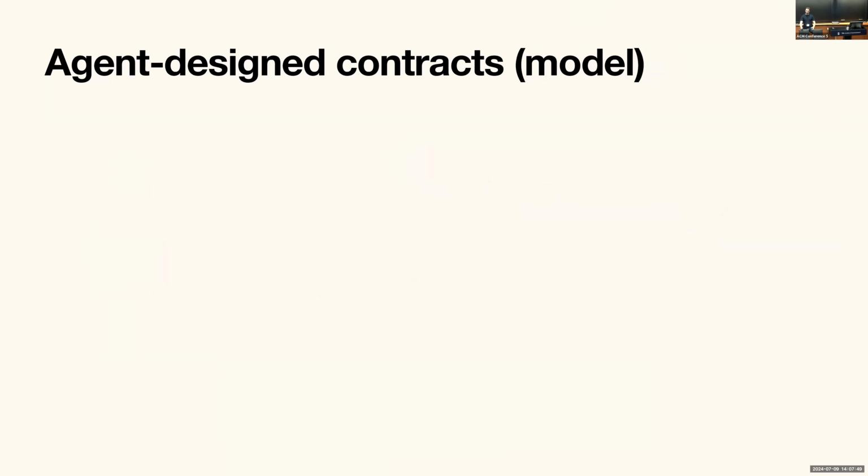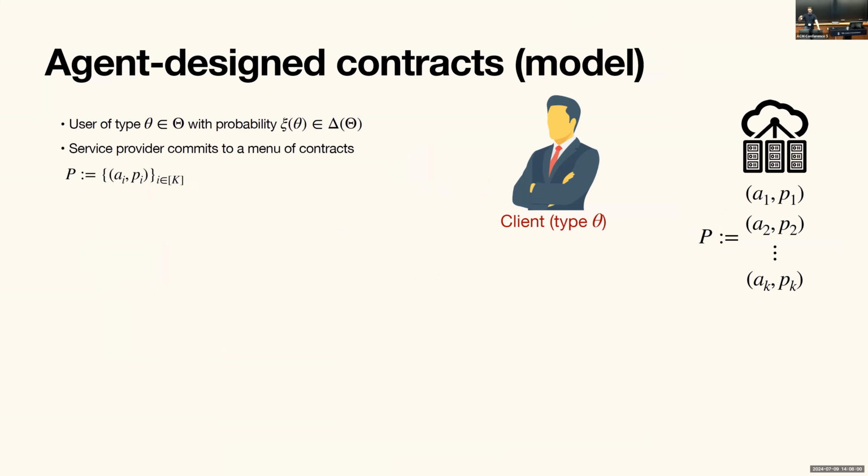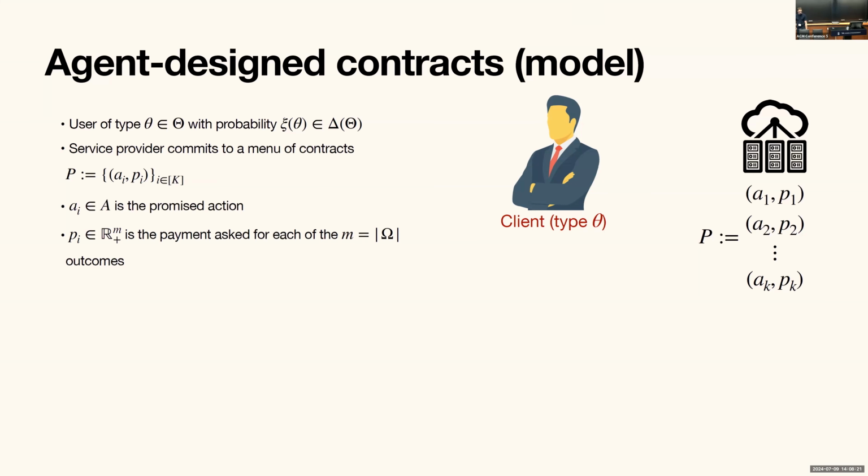Let me unpack the model a little more formally. A user is drawn from a type distribution, and the service provider commits to a contract. The contract is made of a menu, and each contract in the menu is comprised of an action and a payment scheme. A is the promised action of the contract, and P is a vector that specifies a number for each of the possible outcomes.